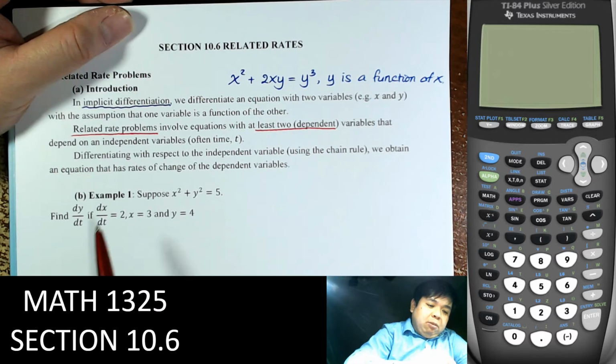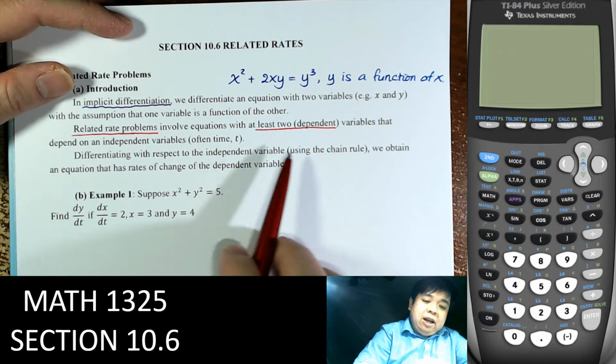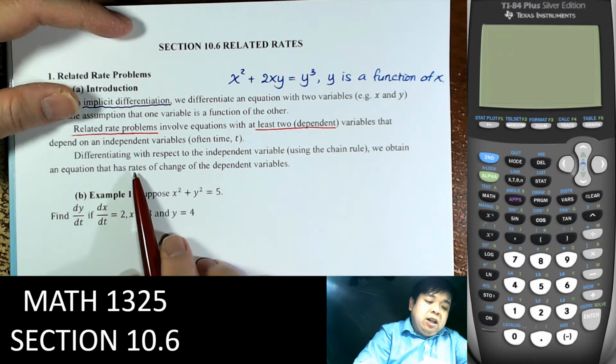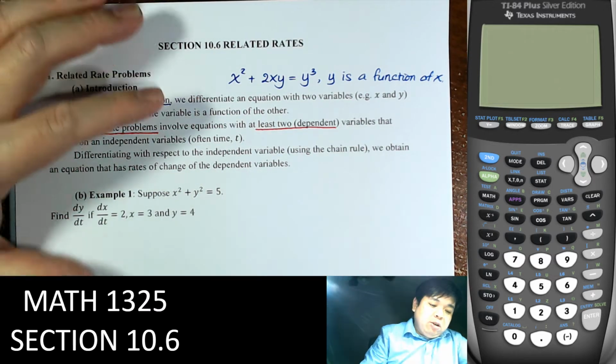Now, we differentiate with respect to the independent variable and still use the chain rule, and we obtain the rates of change of the dependent variables, and they are related, therefore related rates.